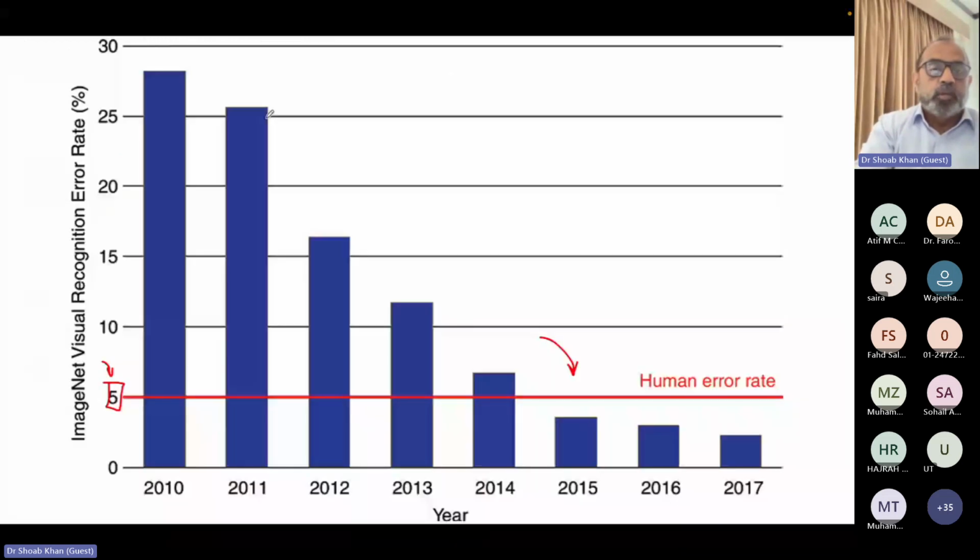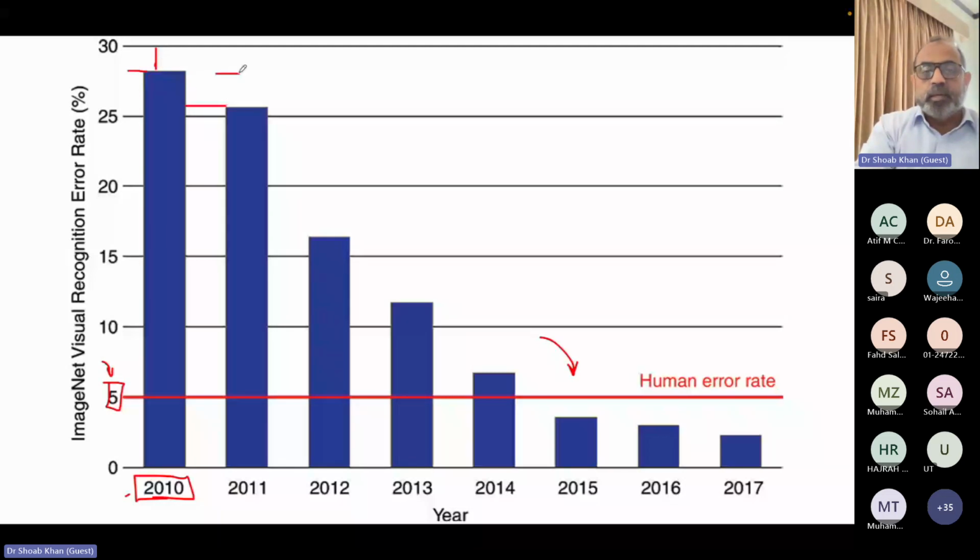So once they started posing this challenge, the best algorithm in 2010 had a visual recognition error of about 27-28% out of 1000 objects. And then in the subsequent year, the best algorithm could do a little better.